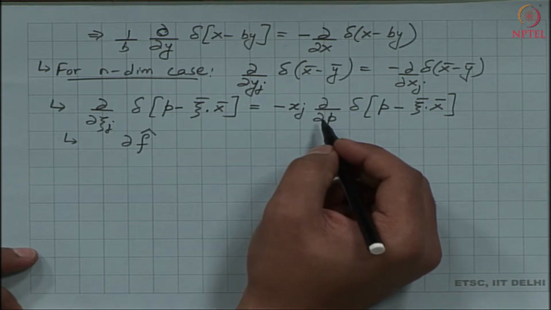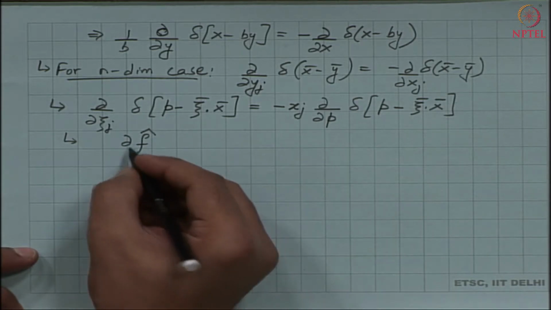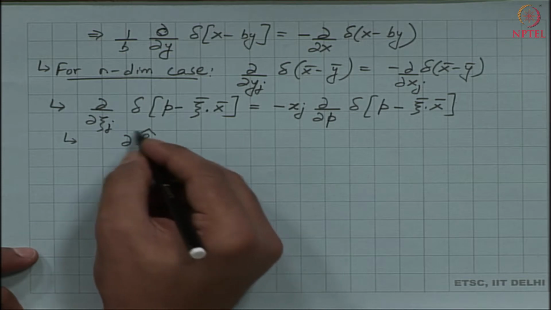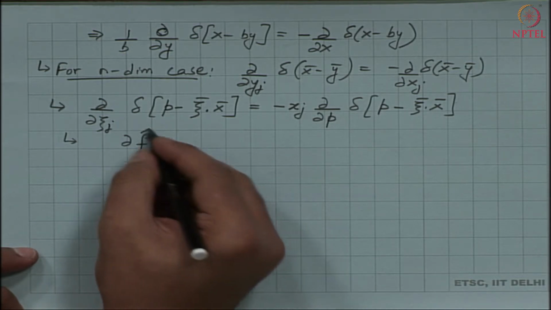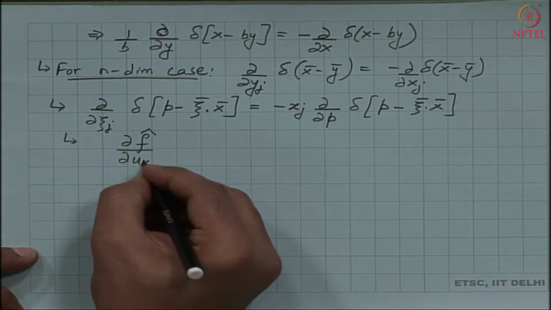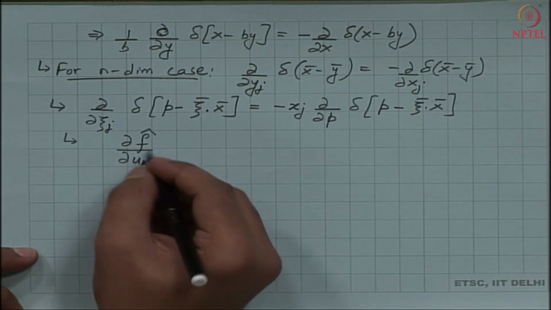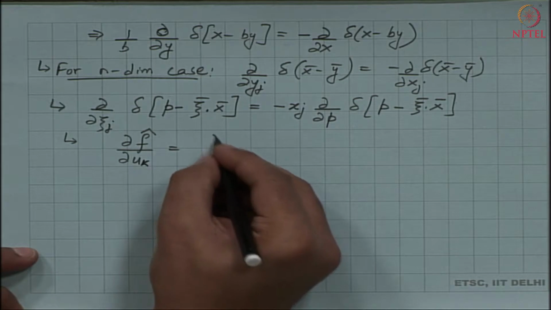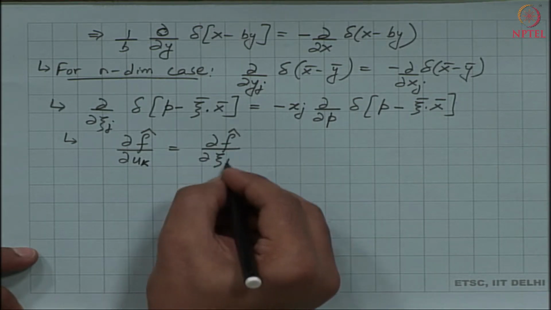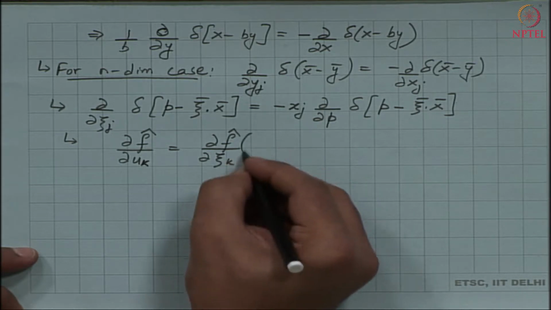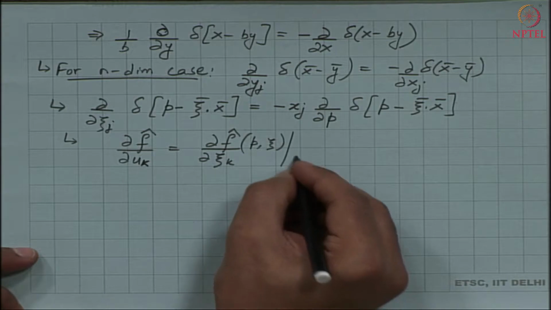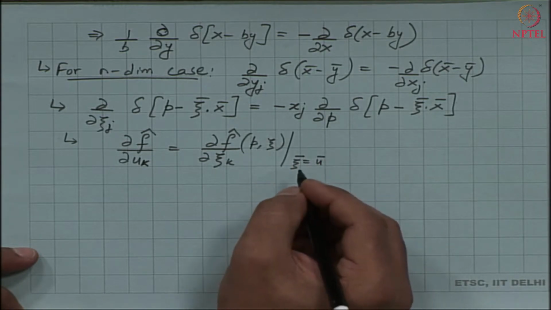This new property says that if I were to take the derivative of this Radon transform with respect to the direction cosine u k, that equals the derivative of f with respect to zeta k, evaluated at zeta equal to u.